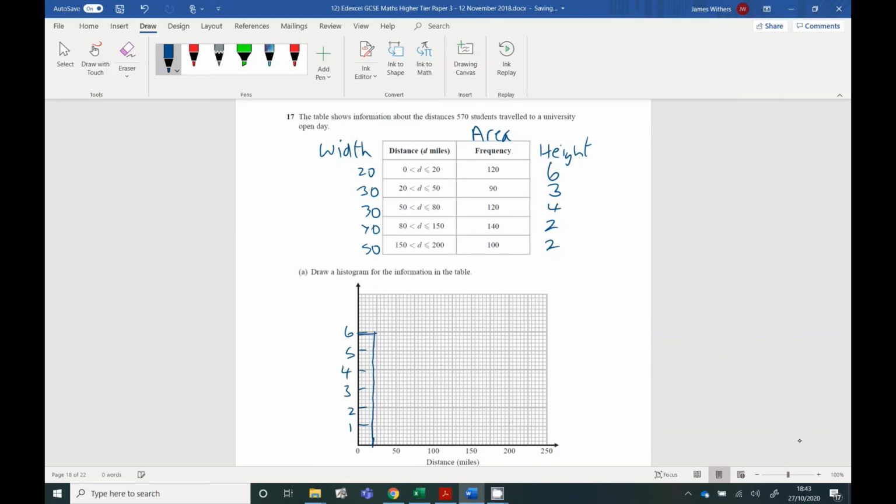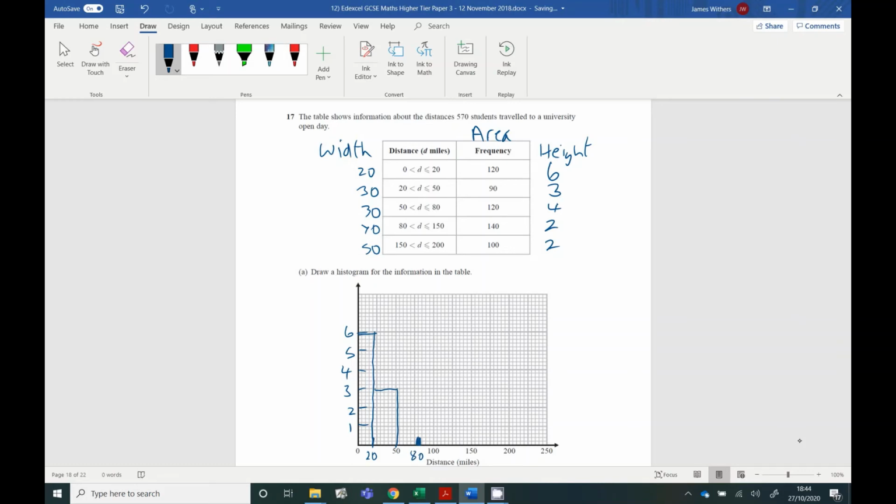Then our second bar's going from 20 to 50 with a height of 3. Then our third bar is going from 50 to 80, so 50, 60, 70, 80. 80 takes us to there. There's 1 square after the middle.